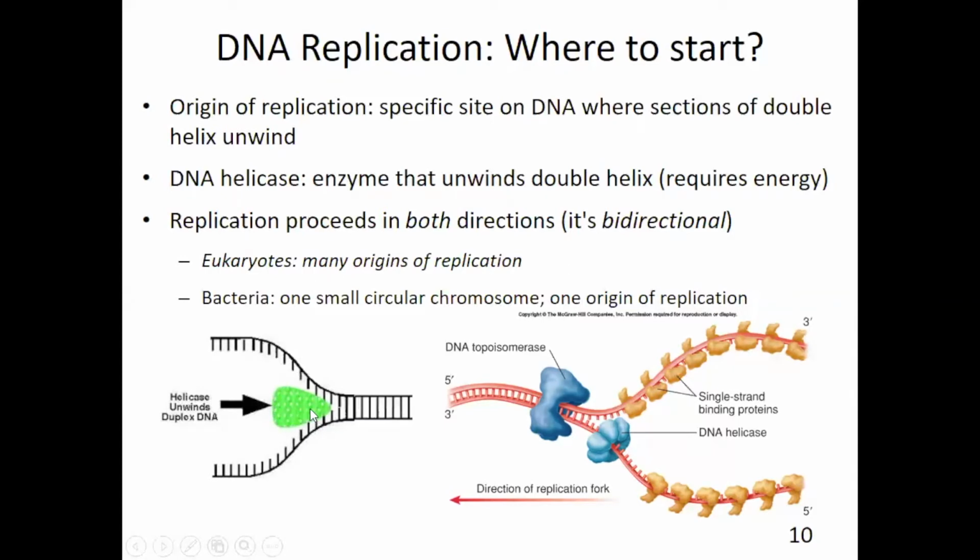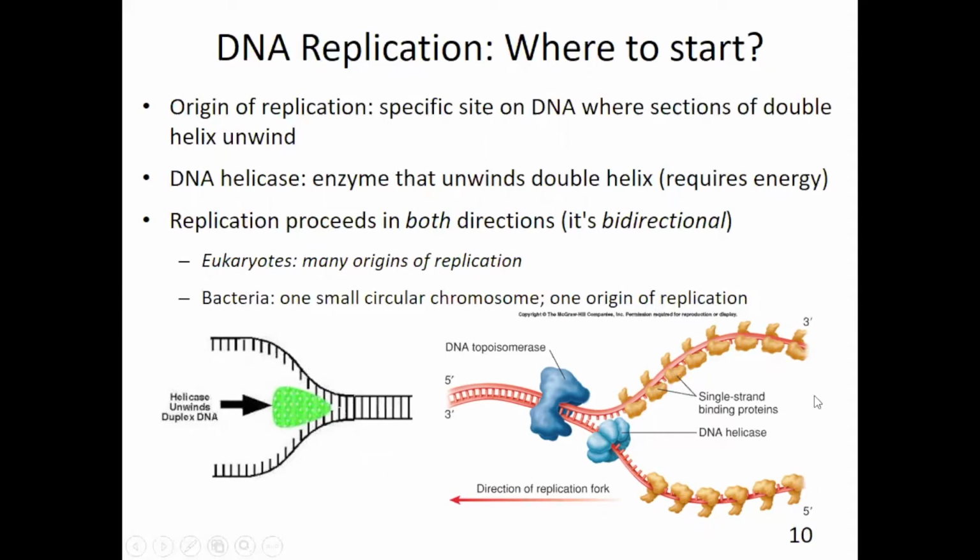This green shape that is separating the two strands of the parental DNA is the enzyme helicase. So helicase separates these two strands, essentially unwinding the DNA.